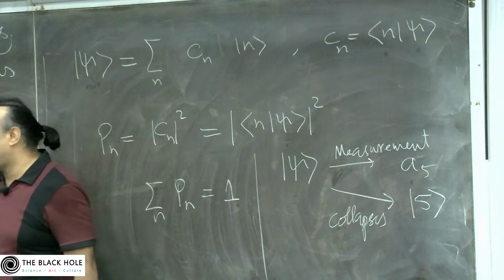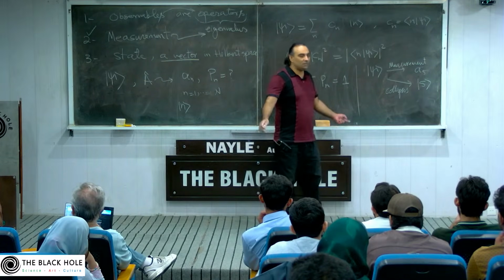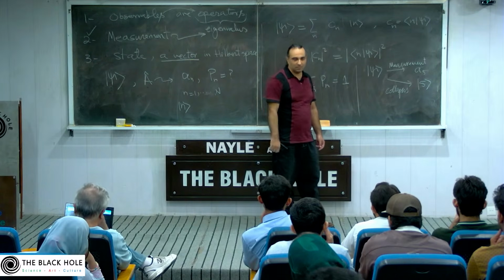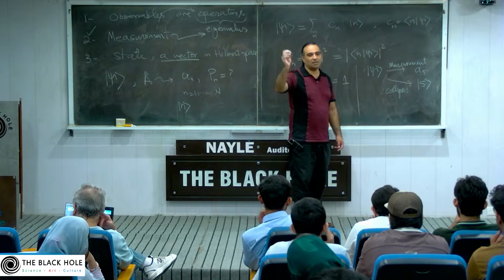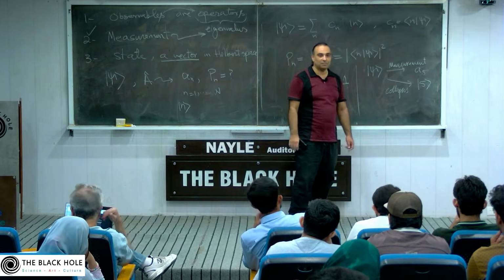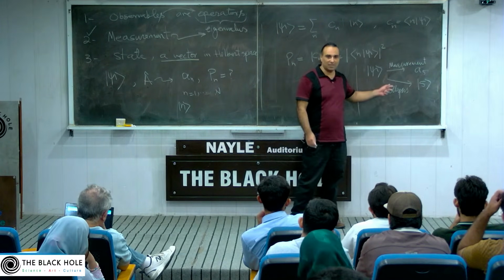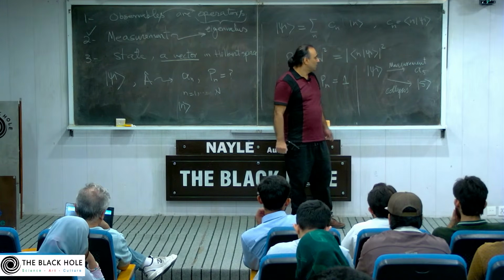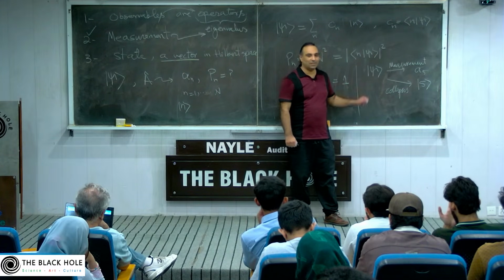This 5th is an eigenstate of this, and after that the state can change due to some other reason. If a particle is moving, its state is always changing because it's moving. Similarly, a quantum system's dynamics will also be evolving its states. We will talk about that later today, but this is the action of a measurement.